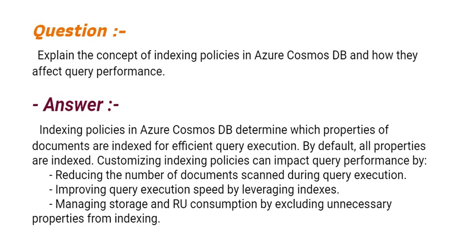Customizing indexing policies can impact query performance by reducing the number of documents scanned during query execution. Second, improving query execution speed by leveraging indexes. And third, managing storage and RU consumption by excluding unnecessary properties from indexing.